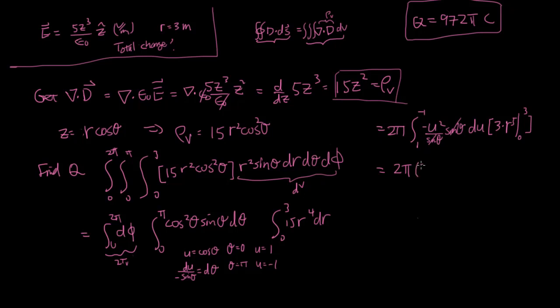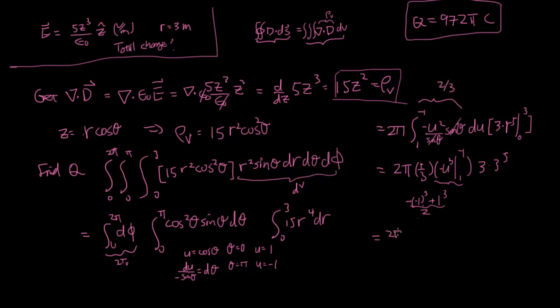So we're going to have 1/3 and then minus u cubed integrated from 1 to minus 1. If we expand that out, that's going to be minus minus 1 cubed plus 1 cubed. So that's going to be equal to 2. And then over here you have 3 times 3 to the 5th. So this integral is going to be equal to 2/3 effectively.